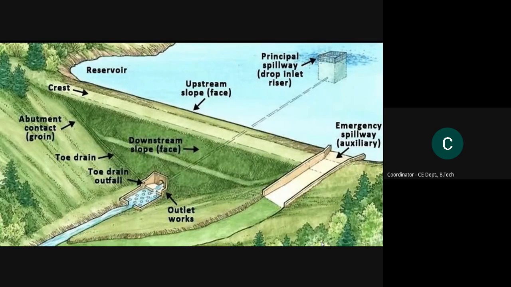Here we will be using only earth or soil, but in other kinds of dam we may need to collect different kinds of artificial materials, like construction materials such as cement and concrete. As you can see in this picture, this is a very easy and simple diagram of an earthen dam having all its components here.